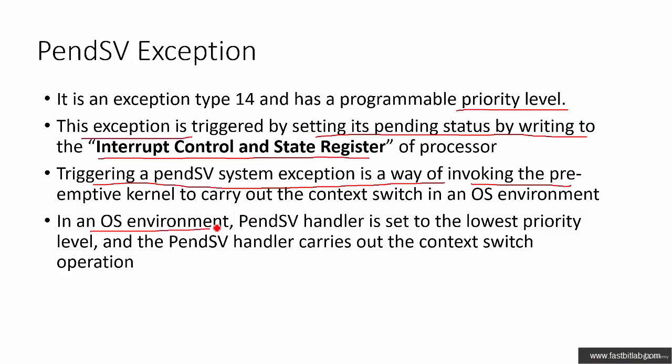So in an OS environment, the PendSV handler is set to the lowest priority level, and the PendSV handler carries out the context switch operation. Context switching is one of the key operations in OS design. The scheduler does context switching. Those operations are carried out by the PendSV handler. That's a major use case.